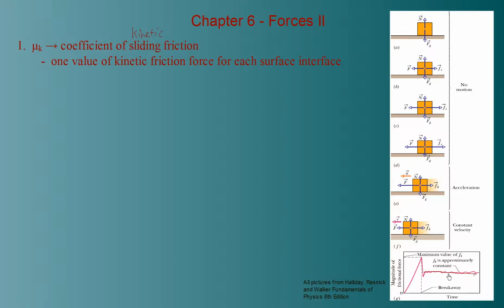It's not perfectly constant because the surfaces are never exactly uniform all throughout. Otherwise, you'd see this nice flat line. But still, on average, it tends to be a pretty consistent force. And you'll notice it's also lower in most cases than the maximum static friction force, which we'll talk about in a second.